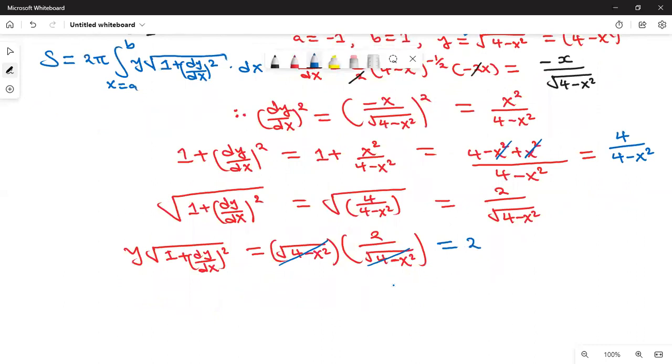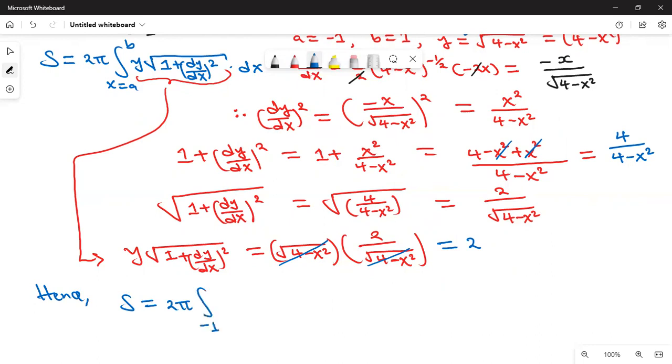You see the way we have worked it out, we have simplified, so that's the integrand. Instead of the whole of this, we are going to replace it by the value that we have found here. So hence, the surface area is now equal to 2 pi, the integral from -1 to 1 of 2 dx, because we have found 2 as the integrand.